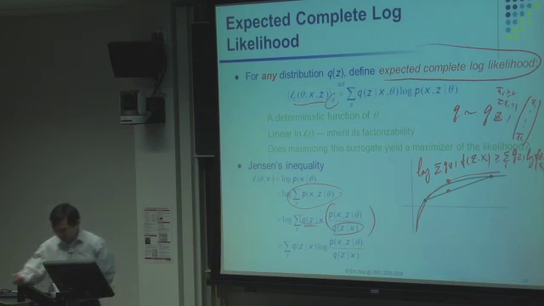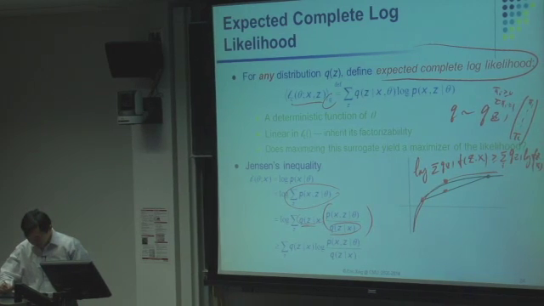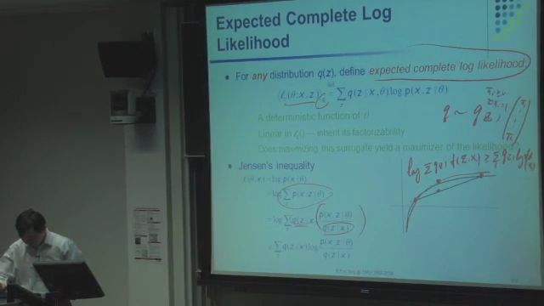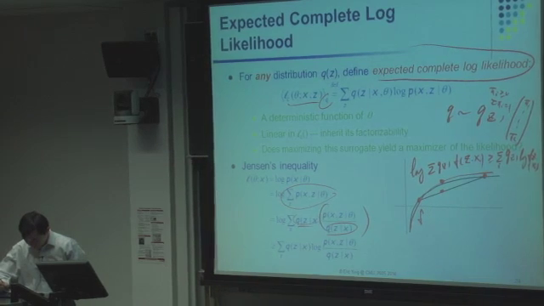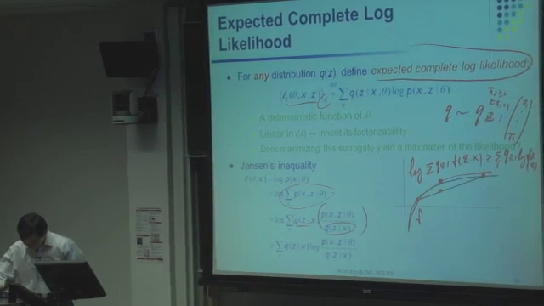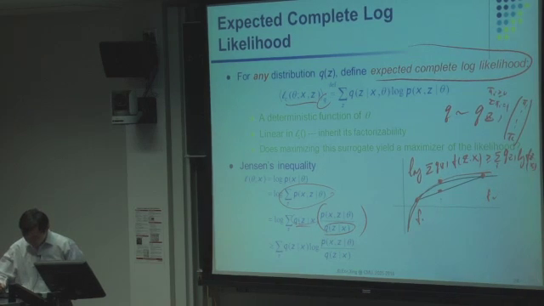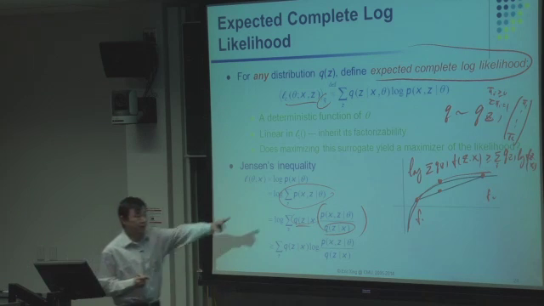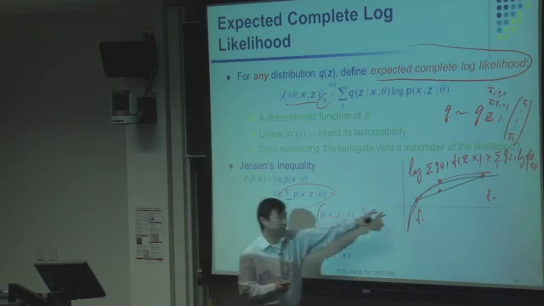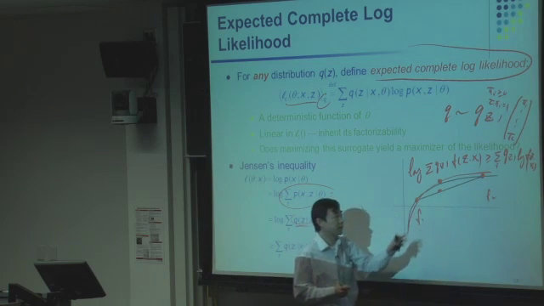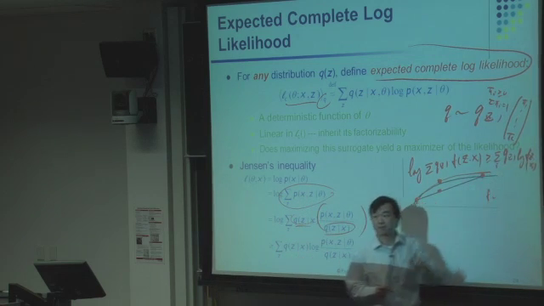So this point corresponds to these two things, which are the original f. The one in the middle is on the line, therefore it is a linear convex combination of these two things, and the weights are defined by this qz.